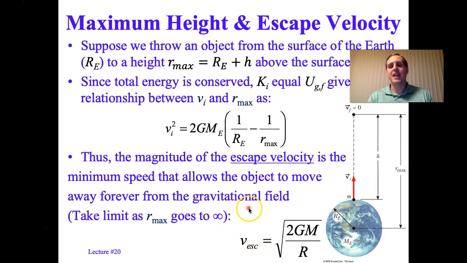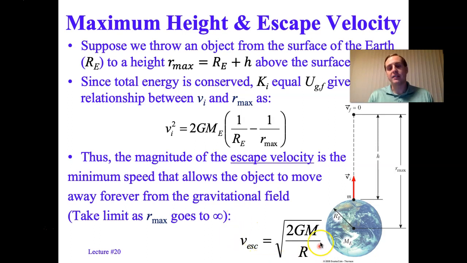Interestingly enough, the escape velocity does not depend upon the mass of the thing that's trying to escape. It actually cancels out from the equation, so little m goes away. But indeed, do you need more force to push a larger payload mass into orbit and escape it from Earth? Well, sure you do. But that's just because an object that has a greater mass has a larger gravitational force.